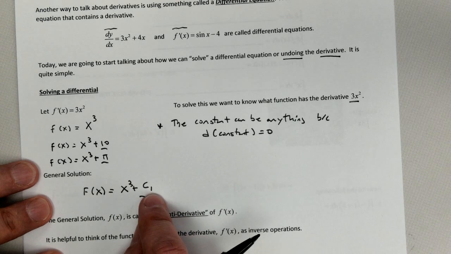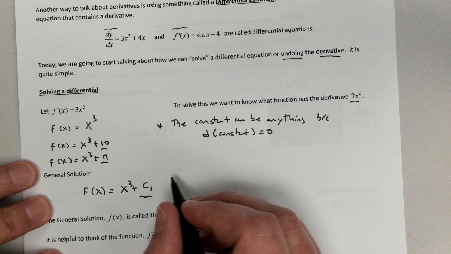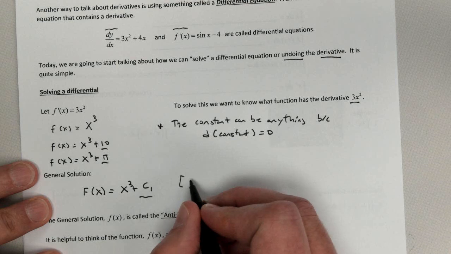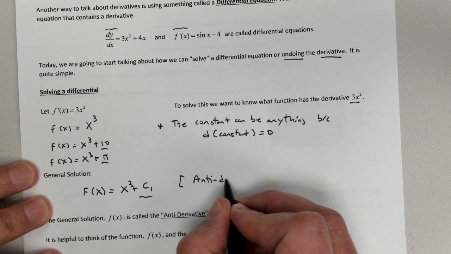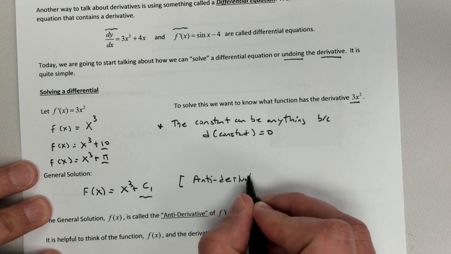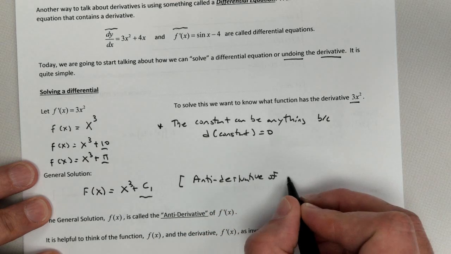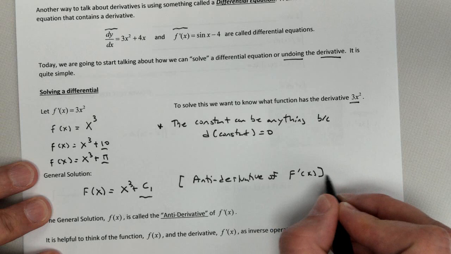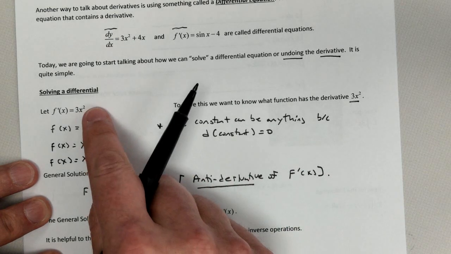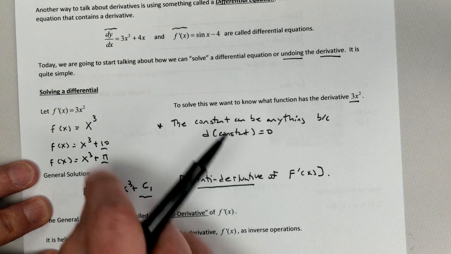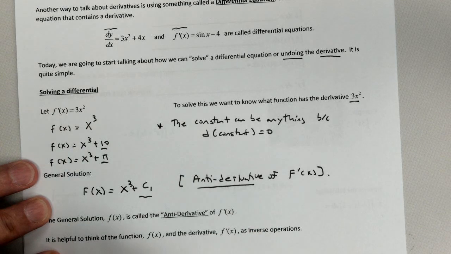And this is what we call the general solution, or this is what we call the antiderivative of the derivative f prime of x. It is called an antiderivative because we did the exact opposite of the derivative itself.